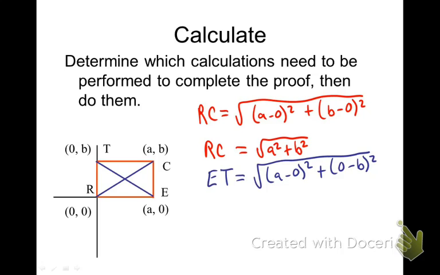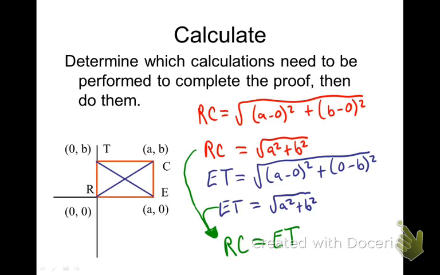You'll notice that when I plug in the X sub 1 and Y sub 1 and X sub 2 and Y sub 2, I can then do my calculation and the zeros are going to bounce out, and we now know that length RC is equal to the square root of A squared plus B squared, and length ET is equal to the square root of A squared plus B squared. So they're both equal to each other. And this is the proof that the diagonals of a rectangle are congruent.